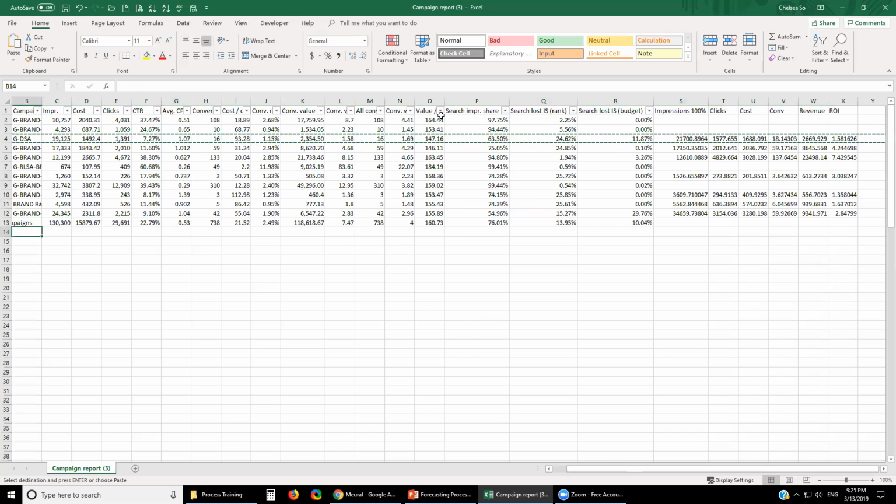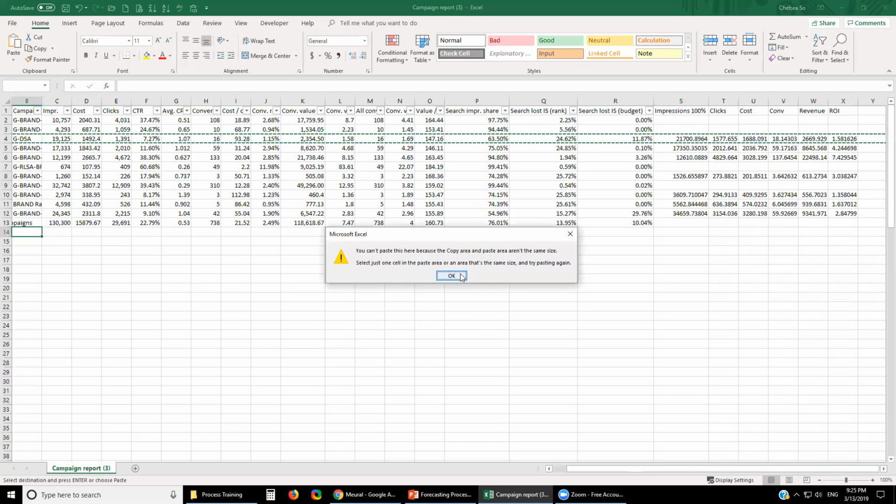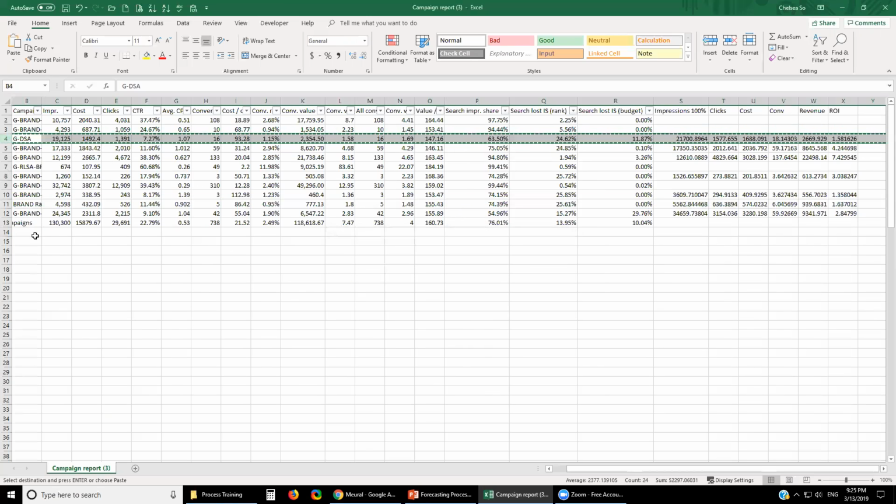I typically only focus on search impression share loss due to budget if you're missing both, because it's a bit complicated if you're going to do both. What you would have to do then is, wait, why isn't this pasting? What you would have to do is add it and then subtract this.